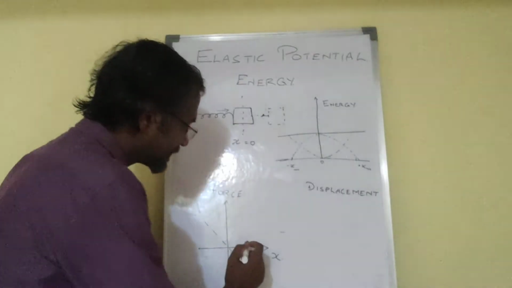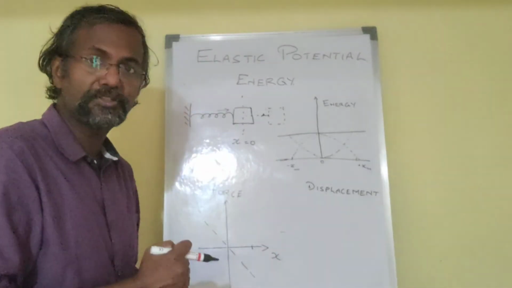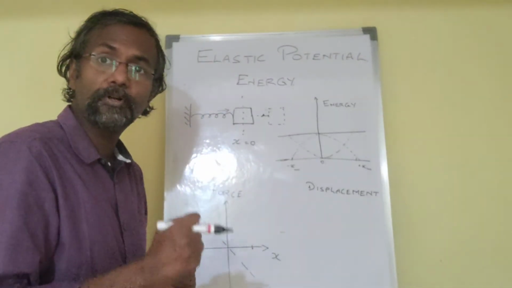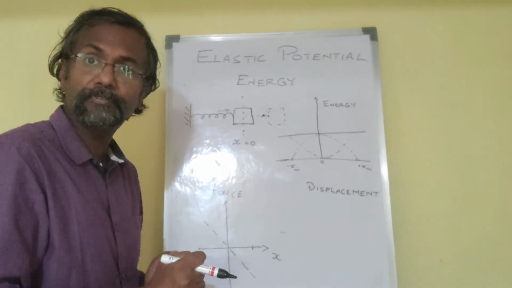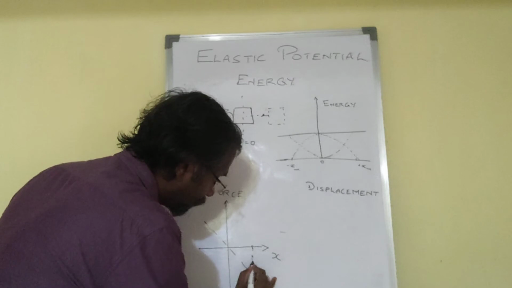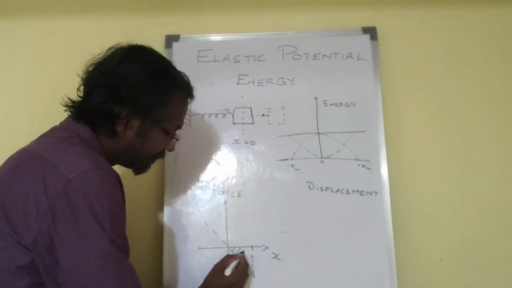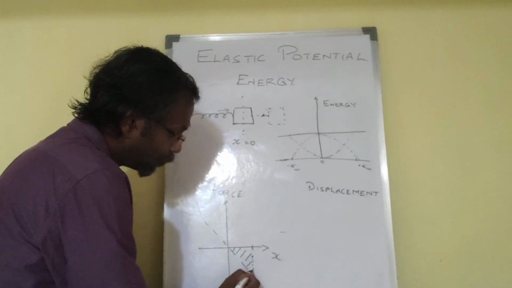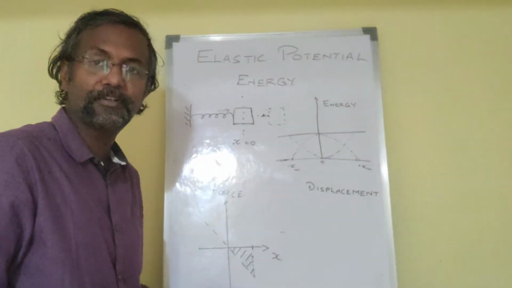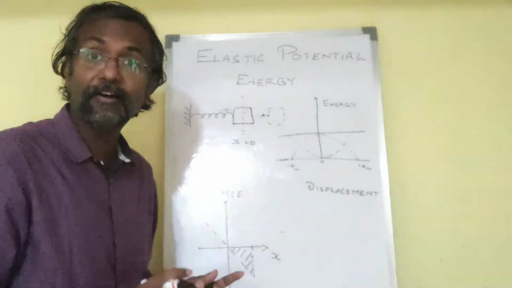At any point, let's say x, suppose the spring is displaced by x, I want to understand what the elastic potential energy is. How do I find it? It's simple: it's the area under the graph. I plotted the line, I just need to find the area under the graph. The area of this triangle would be the elastic potential energy. We know the area of the triangle, where this side is kx and this is x, is half kx squared.